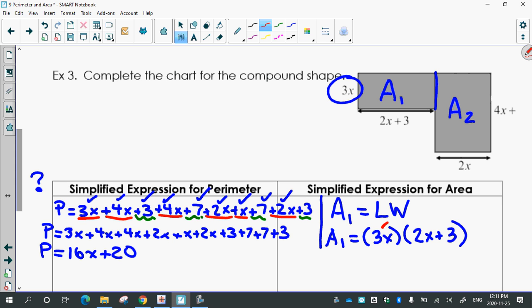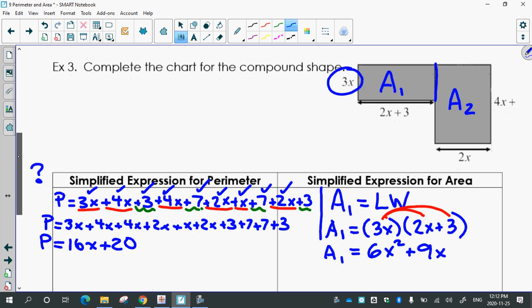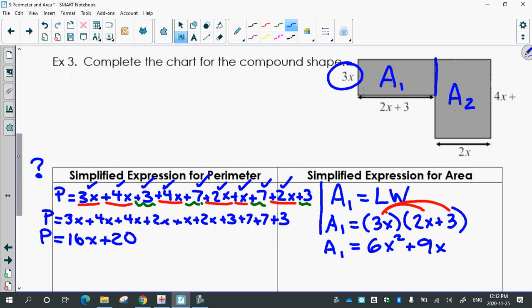And I know to do that multiplying, I use the distributive property. So I multiply together. So area 1, the area of rectangle 1, is 6x squared plus 9x. Any questions about how to get the area of rectangle 1?